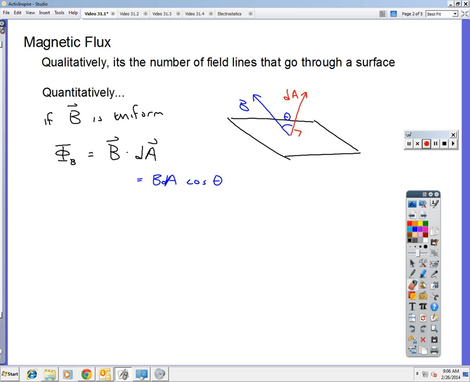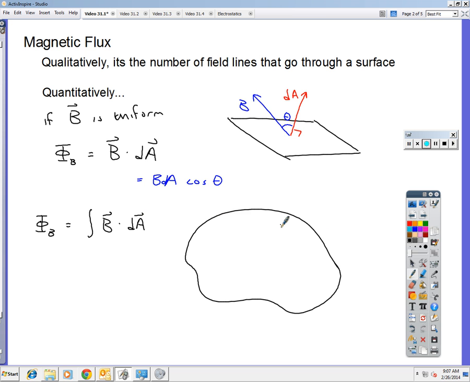But if the magnetic field is not uniform, which is the case in most of the interesting problems, you have to integrate. You have to do a Riemann sum. So the idea is you have a potentially curved surface that you break up into a lot of very small dAs, and the magnetic field has particular values at each of those dAs.